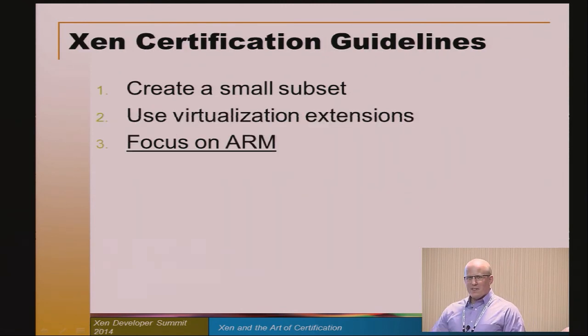But what this is leading up to is pretty much that if we're going to certify any part of Xen, it's going to have to probably focus on ARM. x86 at this point is probably a lost cause. It's just going to be too difficult without access to the original authors and with some of the older and very complex code, such as the PVMMU code.